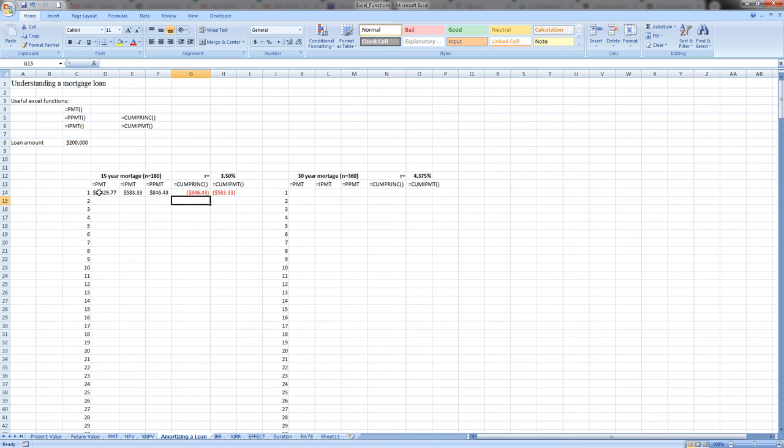So pretty much we're seeing what our payment is, how much goes towards interest, how much goes towards principal, and what the cumulative amount is. And what we're going to then do is just copy these over to the 30 year. And so where this goes wrong is we need to change H12 to O in each of these examples.